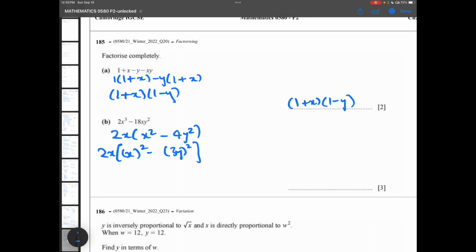The third identity will be applied over here, that is a square minus b square is equal to a plus b, a minus b. So in place of x square minus 3y whole square I will write x plus 3y, x minus 3y. So this has been factorized.